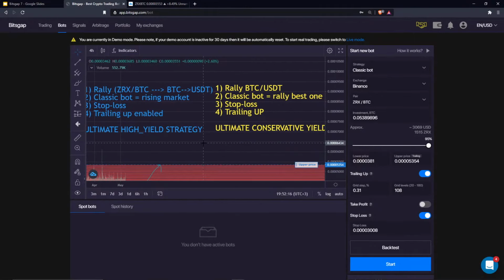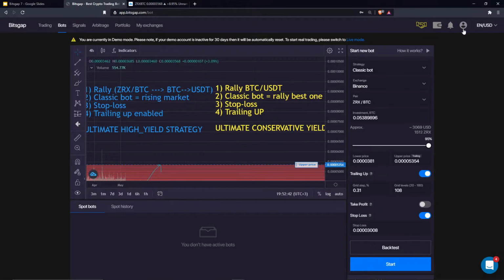So the next thing to consider is, okay, we covered the classic bot strategies to achieve this high yield strategy. Conservative yield also covered. In the sideways market, we also covered the sideways market. So now what is left is actually the combo bot.